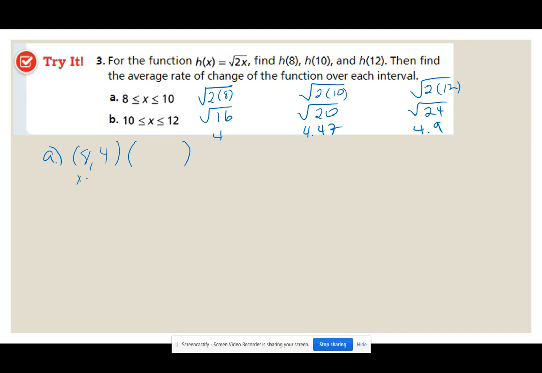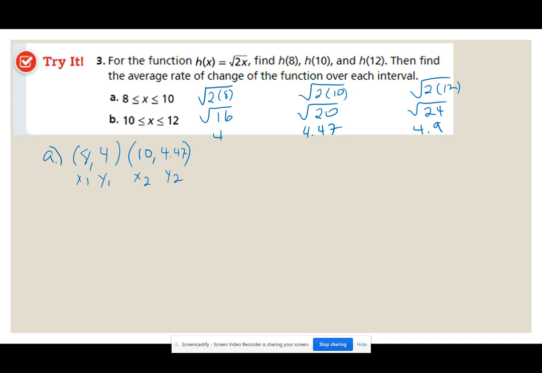So that was my x1 and my y1. And then I plug in 10 into my equation, and I got 4.47 as my y value. Okay, so that's my x2 and my y2. Again, I'm taking those from the x values we put into the equation and the y value we got out.